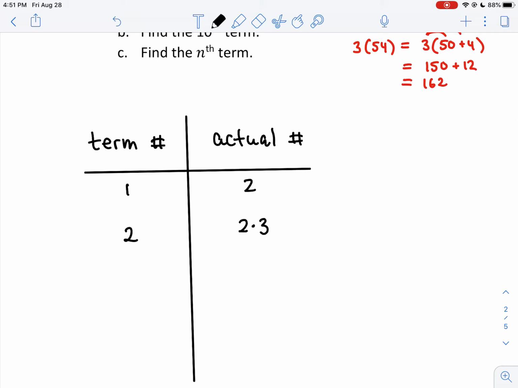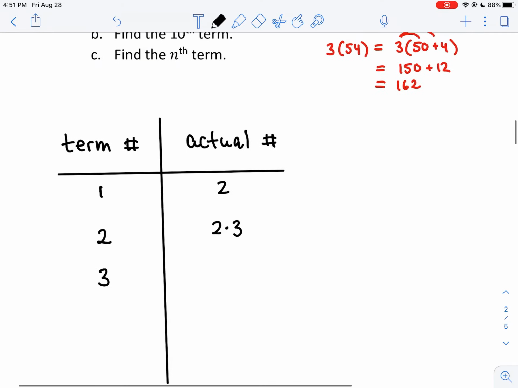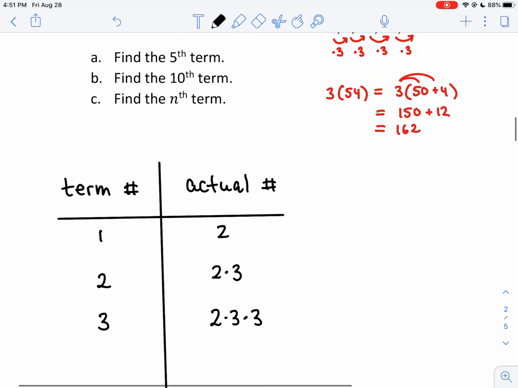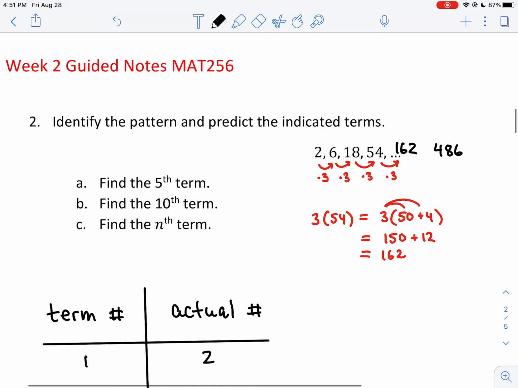Remember, don't just write 6. Write down the operation uncalculated, because we're looking for a pattern in the operation. The third term in this list was found by taking the one before it, which is 2 times 3, and multiplying by another 3. In other words, starting with 2 and multiplying by 3 twice. To get to this 18, we tripled and then tripled.